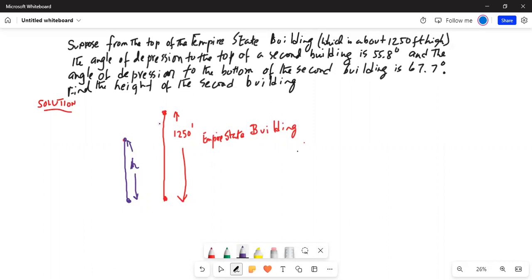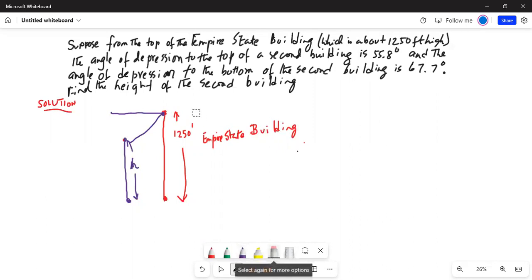It says, suppose from the top of the Empire State Building, the angle of depression to the top of the second building is 55.8 degrees. Now, if you draw a horizontal line at the line of sight at the top of the Empire State Building, I'll draw this clearly.